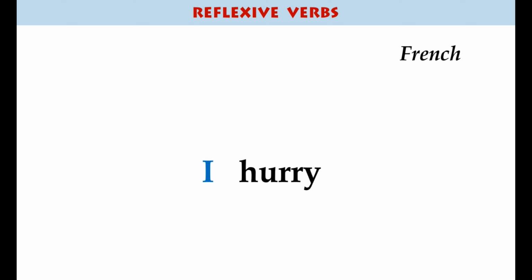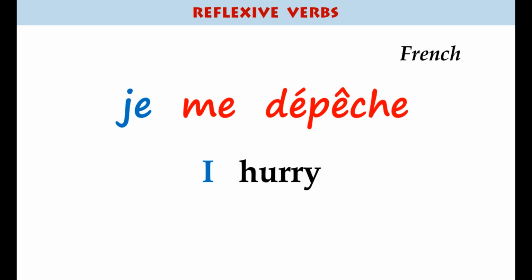Some of these reflexive verbs are again less obvious to us. If you say I'm in a hurry, I'm hurrying somewhere, again an English person thinks of that as just an intransitive verb. It's just I'm hurrying. In French and in German, you'll hear them say I'm hurrying myself. I'm moving myself on very quickly. Je me dépêche.